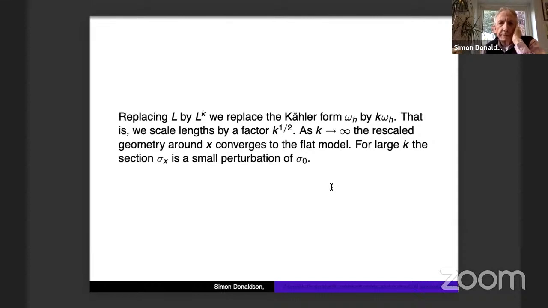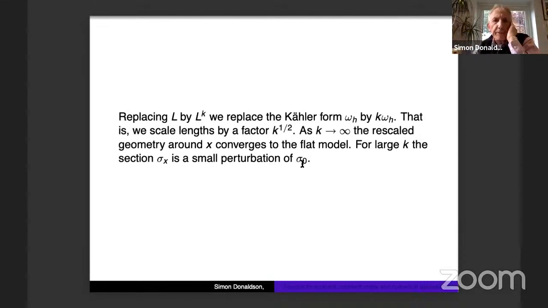a given metric neighborhood. Then the idea is that when k is large, the section sigma x that we're interested in on X is a small perturbation of the section sigma naught in the flat model.